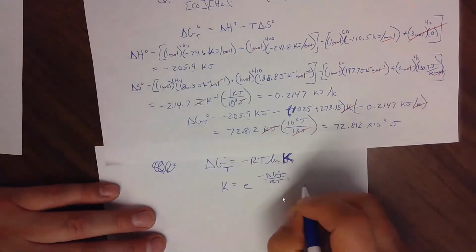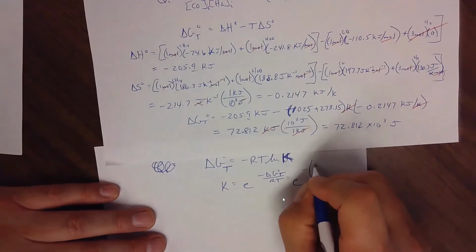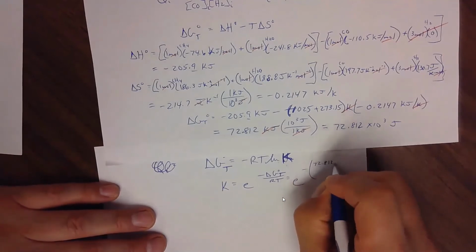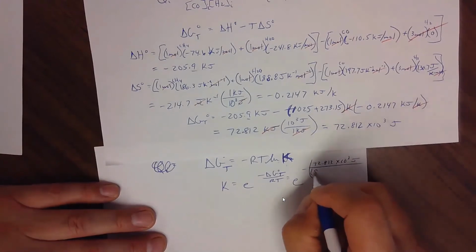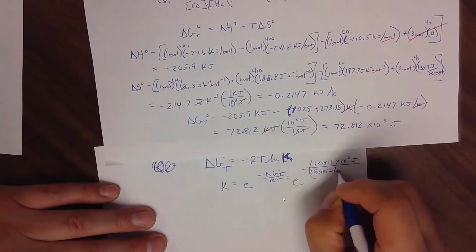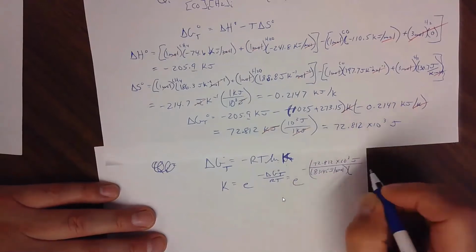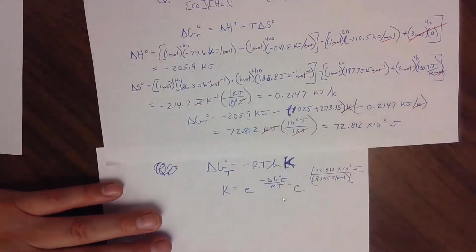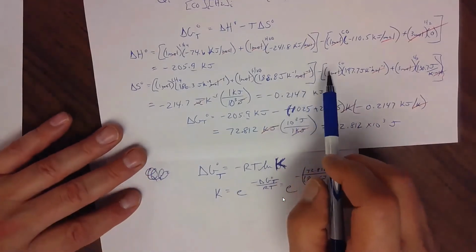So this then was going to be equal to E to the negative this quantity, 72.812 times 10 to the third joules over 8.3145 joules per Kelvin per mole. And then our temperature, which is going to be this plus this.